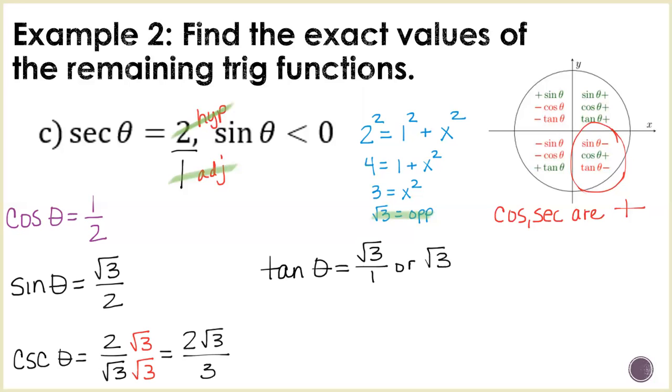And then the cotangent is adjacent over opposite. And we have to rationalize it.